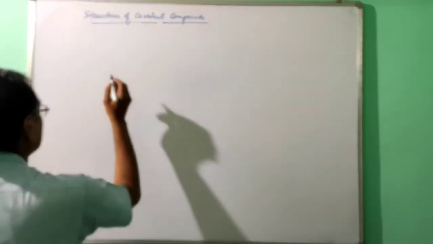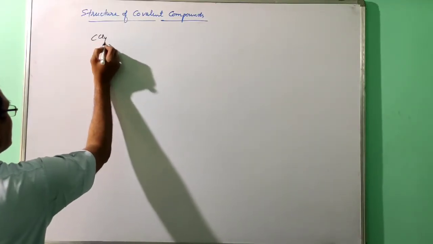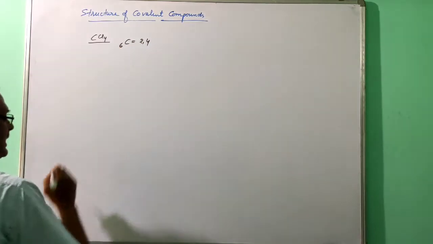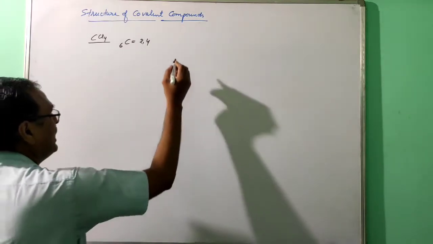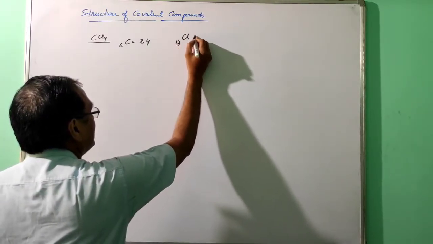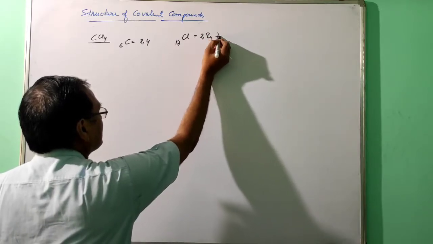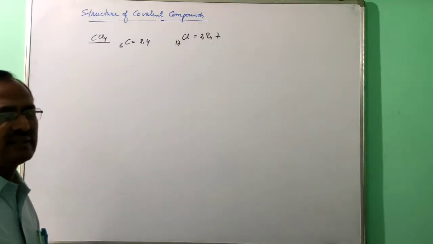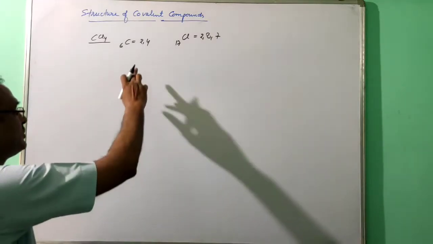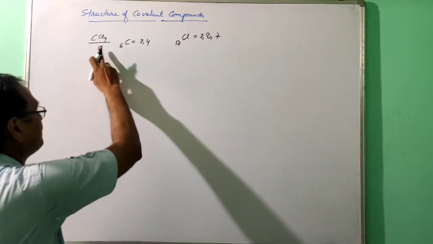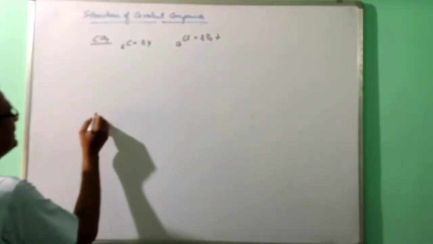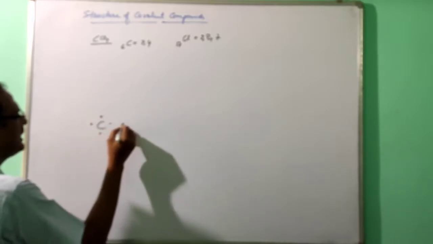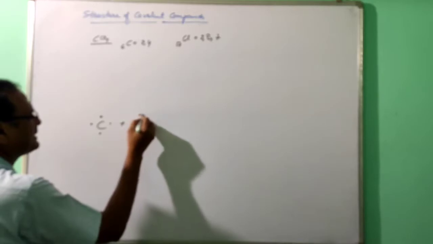In CCl4, carbon's atomic number is 6, electronic configuration 2, 4, and chlorine is 17, that is 2, 8, 7. So this carbon shares four pairs of electrons, and each chlorine shares only one pair of electrons. So these 4 electrons will be shared with 4 chlorine atoms. So let us see, this carbon has 4 electrons and chlorine has 7 electrons.